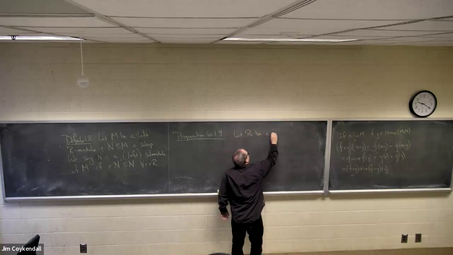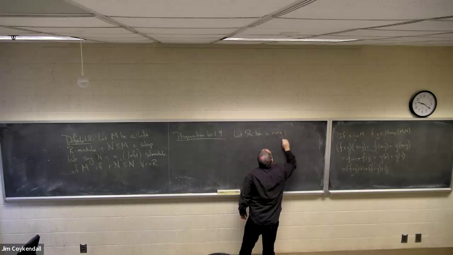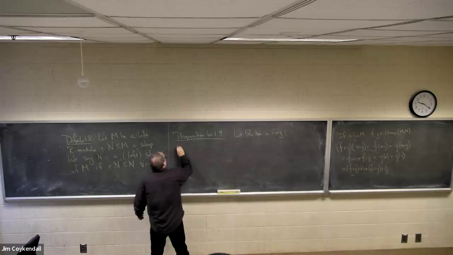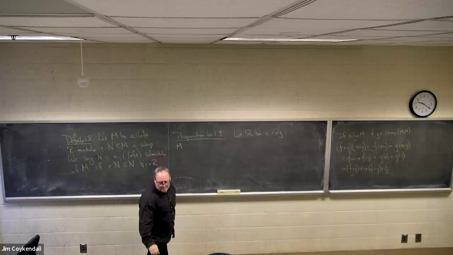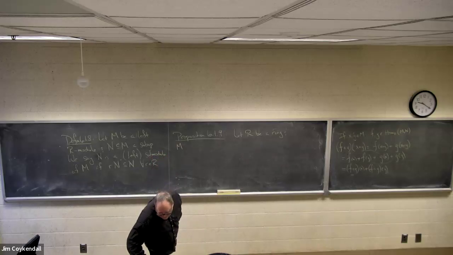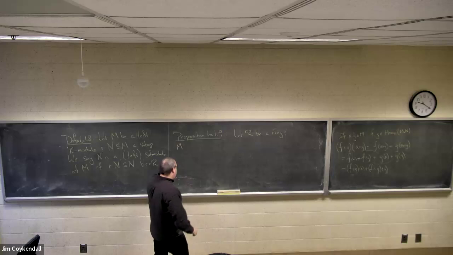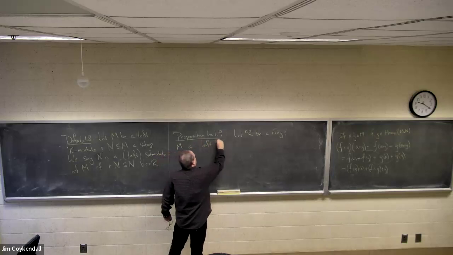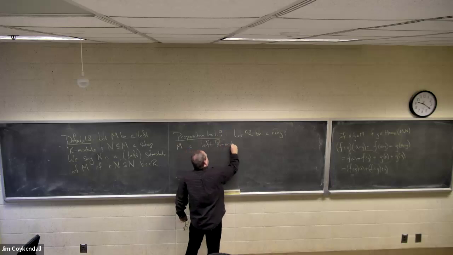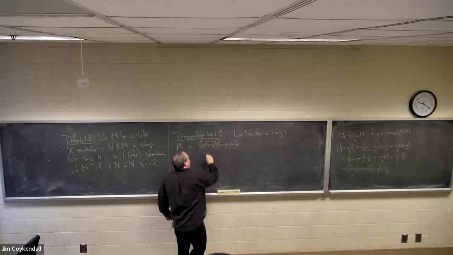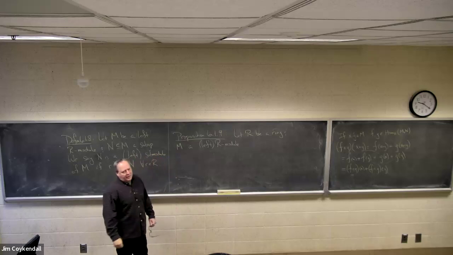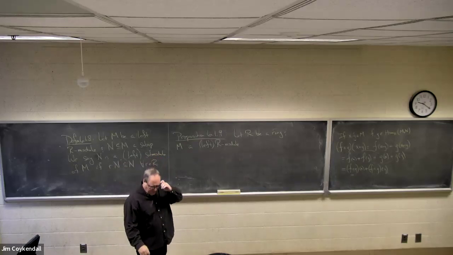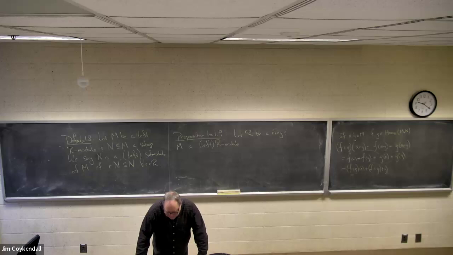Let R be a ring and M a left R module, and unitary. Remember, I always assume that R has an identity, and 1 times m is m for every m in M, unless I tell you otherwise.